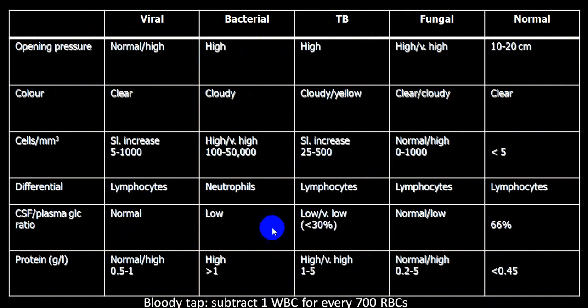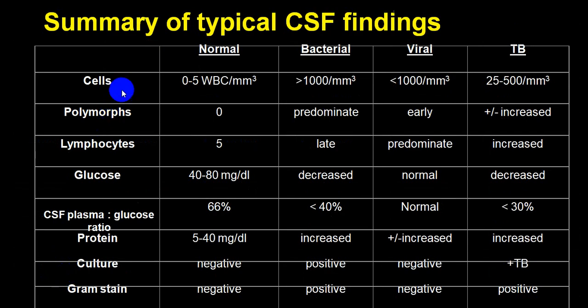So these are all opening pressure, color, cell count, differential count, then plasma to glucose ratio, protein, culture, Gram stain, etc. They will help you to differentiate bacterial, viral from tubercular.